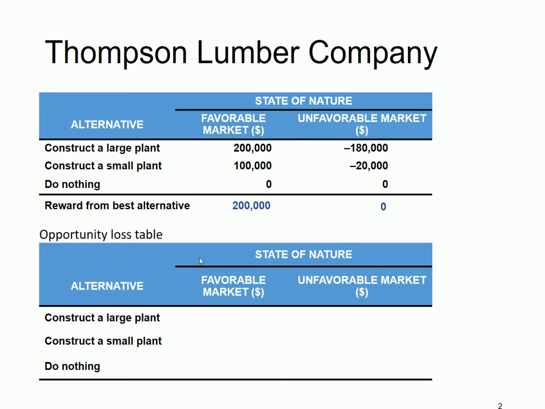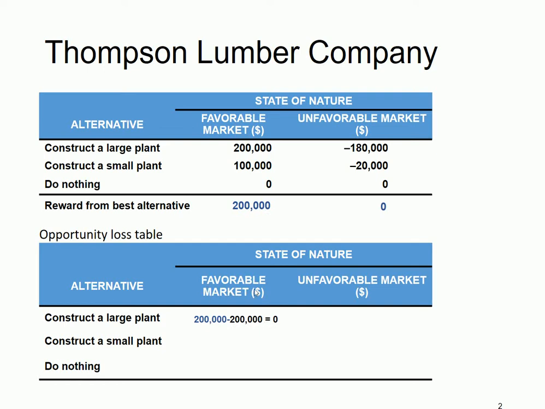For example, if the market turns out to be favorable and you choose to build a large plant, then compared to the best outcome, you're actually getting $200,000. The regret here is 0 because the difference between what you get and the best outcome is 0. It's the same, so there's no regret. You're actually choosing the best outcome.